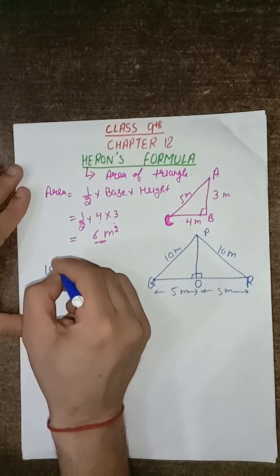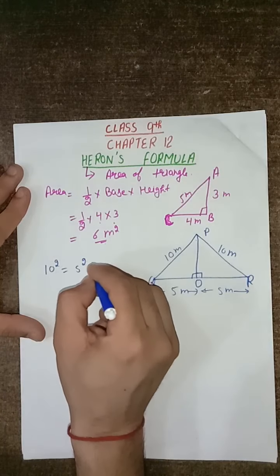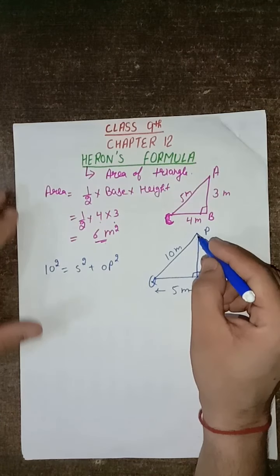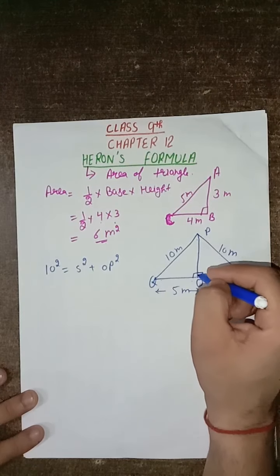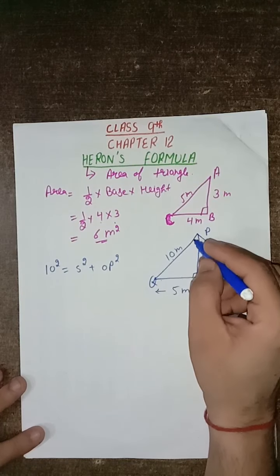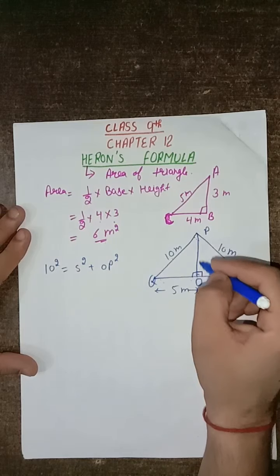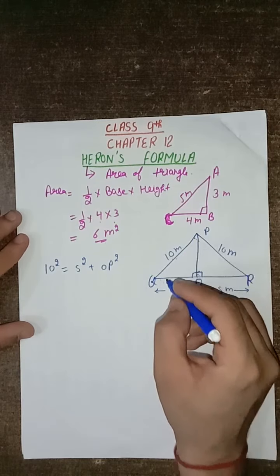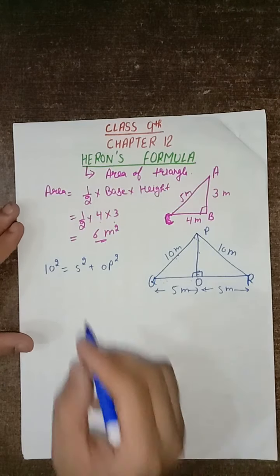When we apply Pythagoras, this will become 10 square equals 5 square plus OP square, because according to Pythagoras theorem, base square plus perpendicular square equals hypotenuse square.